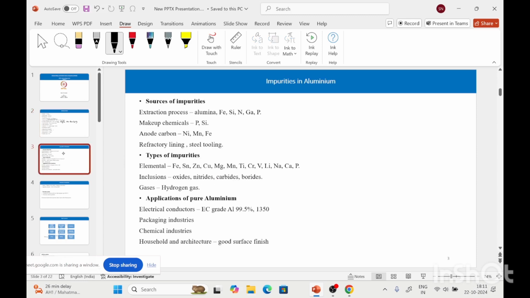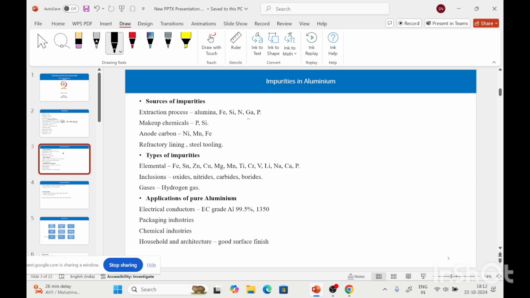Coming to the impurities in aluminum, what are the sources of impurities in aluminum alloy? First comes from the extraction process. The impurities coming from the extraction process are alumina, iron, silicon, nitrogen, gallium and phosphorus.